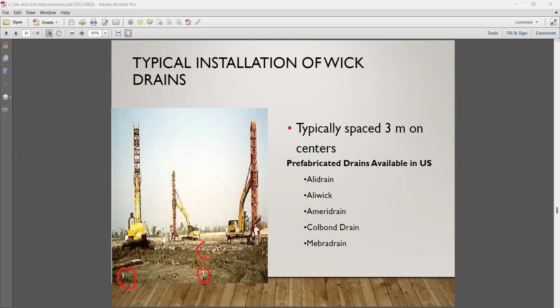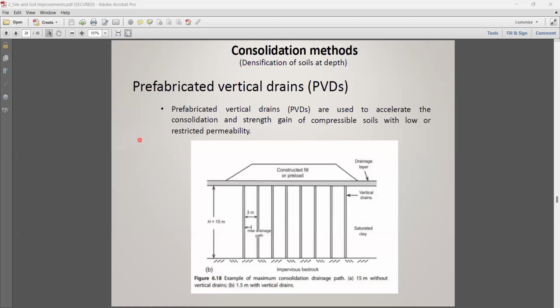Tubes come up, so it means there's a hole and the vertical drain has been installed. Okay. So you can see the gaps, 3-meter gaps, etc., based on the depth of the field.